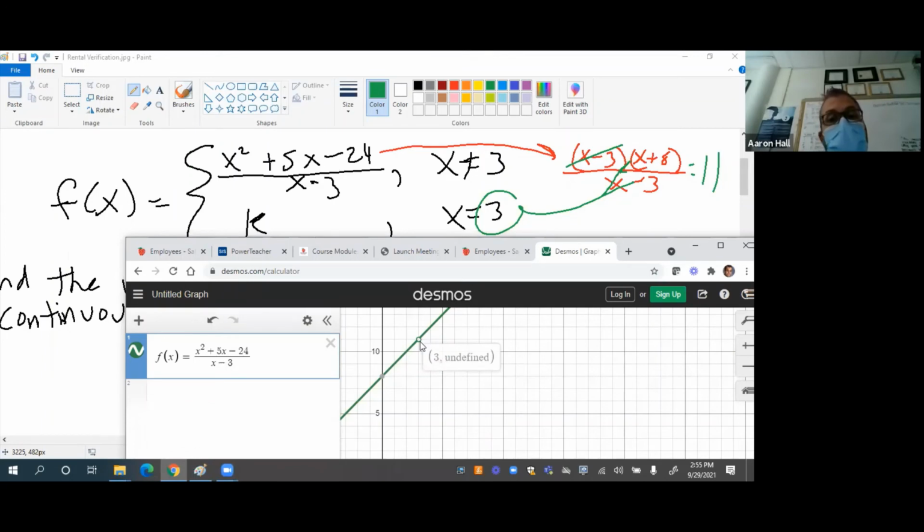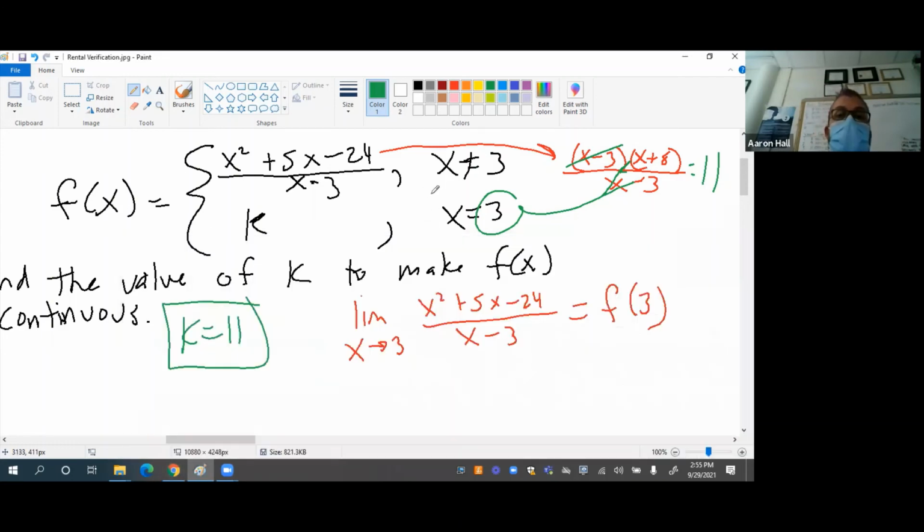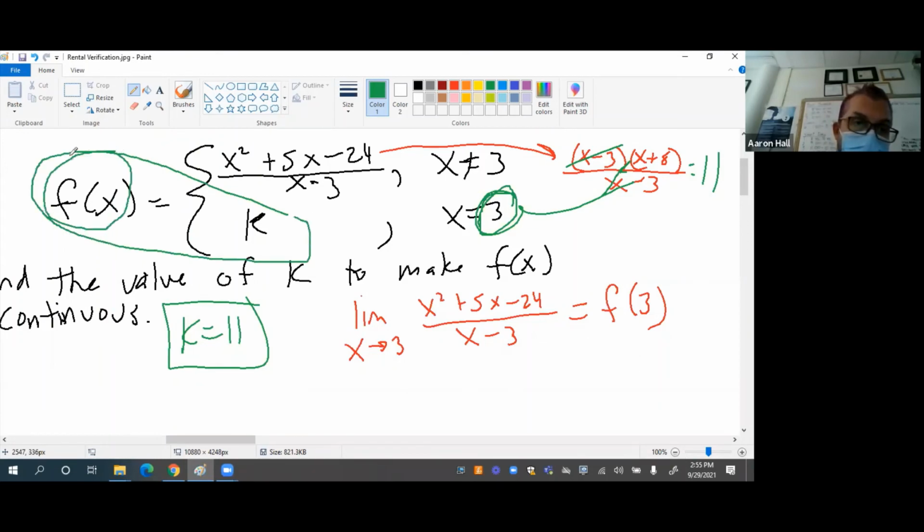Now you can just look at this by inspection. You can see that the single dot that will fix the problem is what? 3 comma 11. Here's my 3 comma 11. Isn't your f of x, isn't that your y? Isn't this your y then? Yeah.